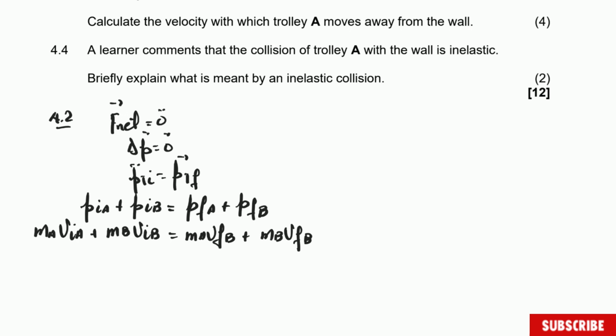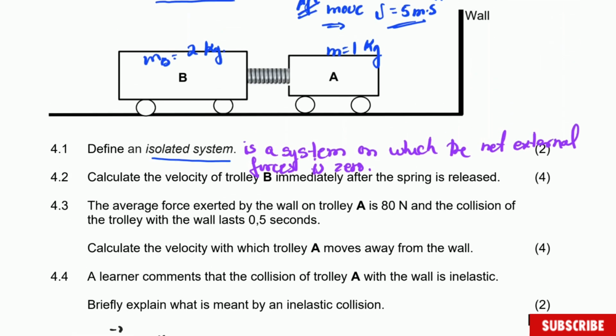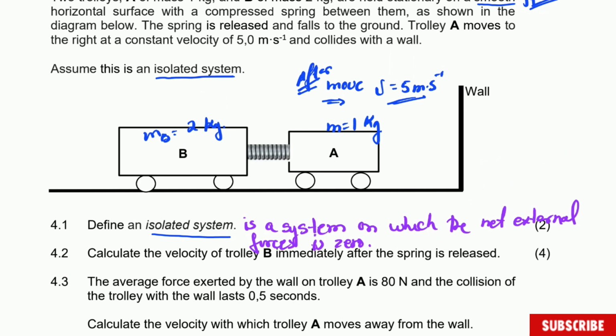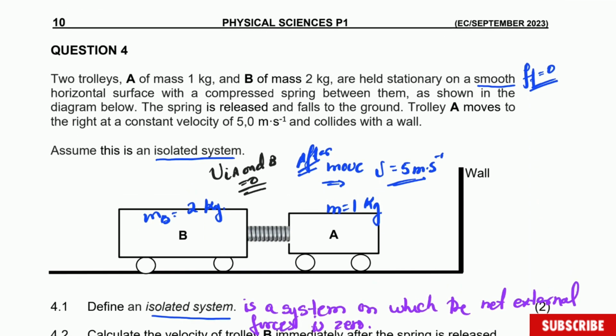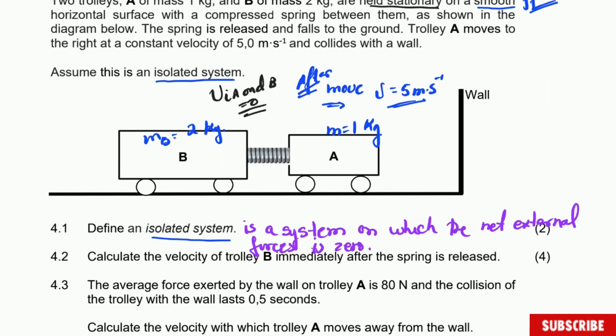Now, we did write the data on the picture, so we don't have to write the whole data. The only data that we didn't write is that the initial velocity for A and B is equal to 0, because the objects are not moving. They say that they are held stationary. That is important.